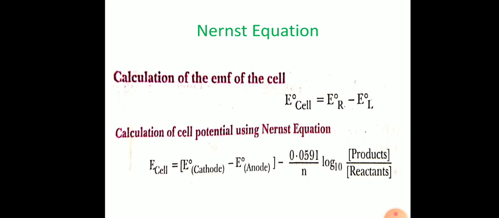Next we have the formula for calculation of cell potential using the Nernst equation. This is the Nernst equation that we derived in the last class.